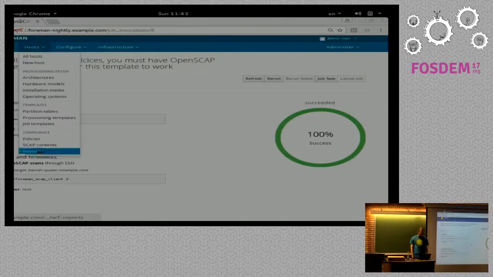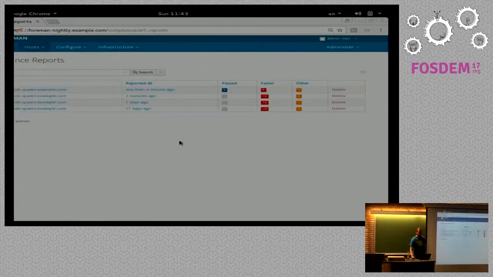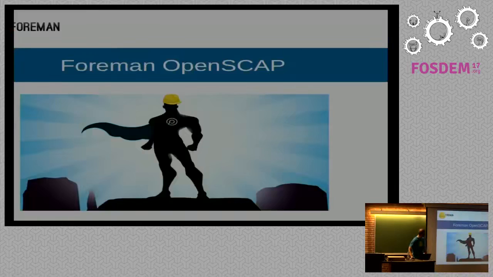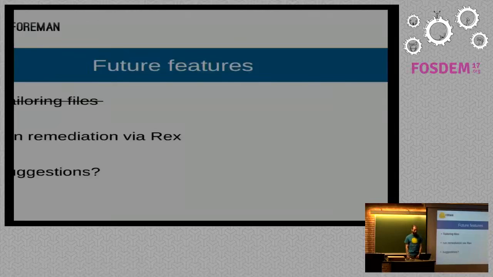Success. Okay, again, let's take a look at the reports. As you can see, I have a new report, and it has one rule that has passed, and the remaining need to be fixed. So basically, this is how you can check the compliance with OpenSCAP. And I'll just get back to my slides.